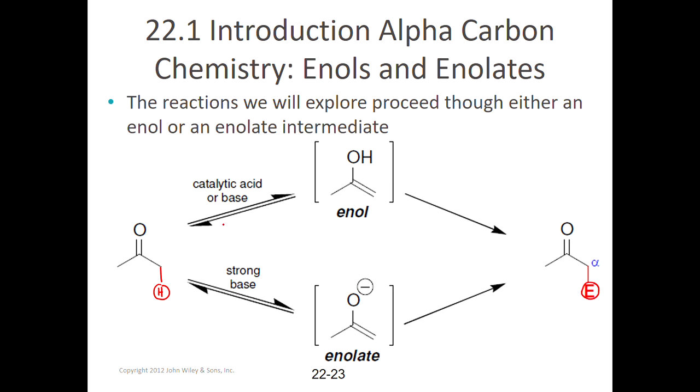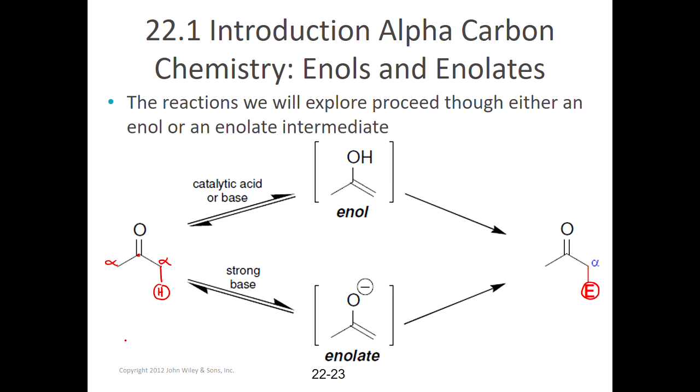So the basic thing here is: here's my carbonyl carbon. One carbon away is called the alpha carbon. There's an alpha carbon on both sides here. It's symmetrical, so it doesn't matter which side reacts. Get the same product either way. But we're going to have to replace a hydrogen that's bonded to the alpha carbon with an electrophile. That's a general theme for this next chapter.